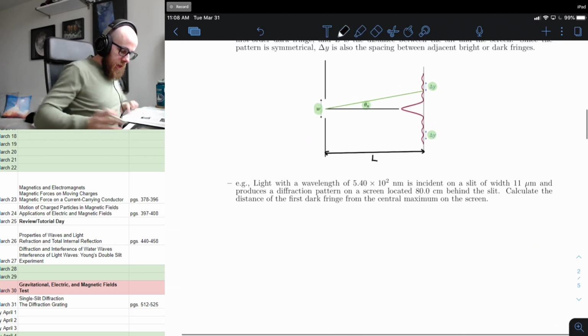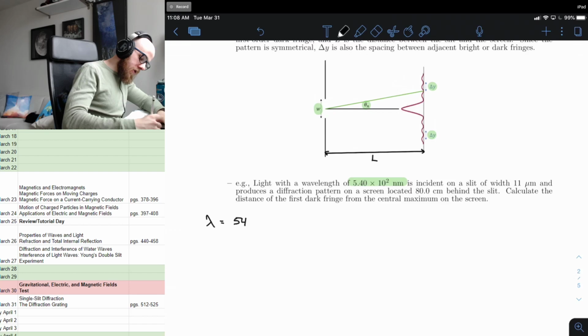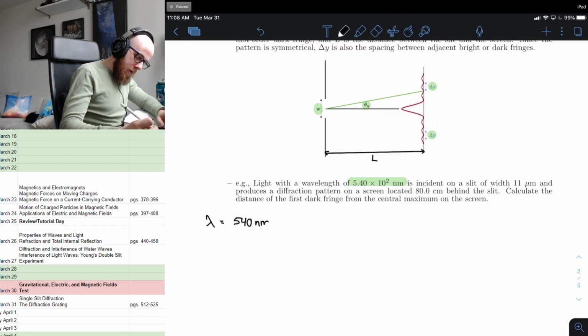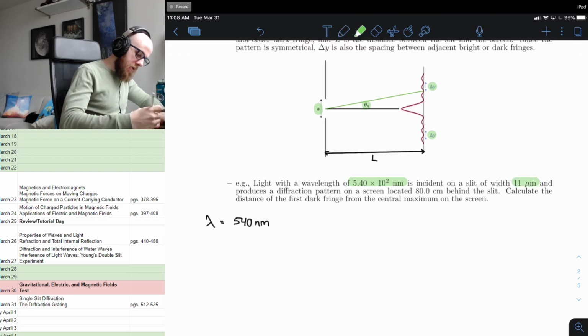Light with a wavelength of 540 nanometers is incident on a slit, and the slit has width 11 micrometers, so W equals 11 times 10 to the negative 6 meters.